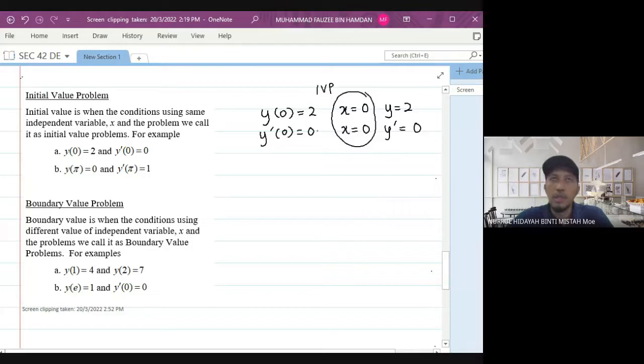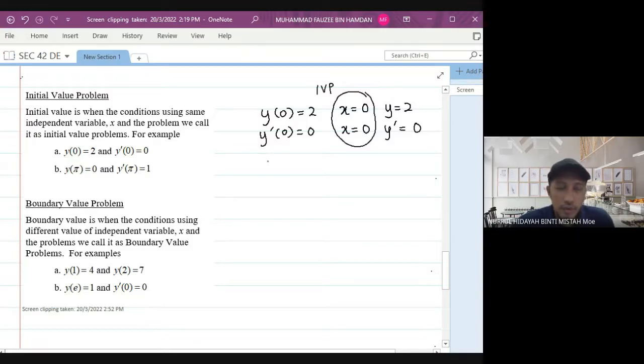We will use this condition to find the integrating constant. So we need this condition to find the exact solution. We use this condition to get the constant, so that the final answer is known as the exact solution, the particular solution.